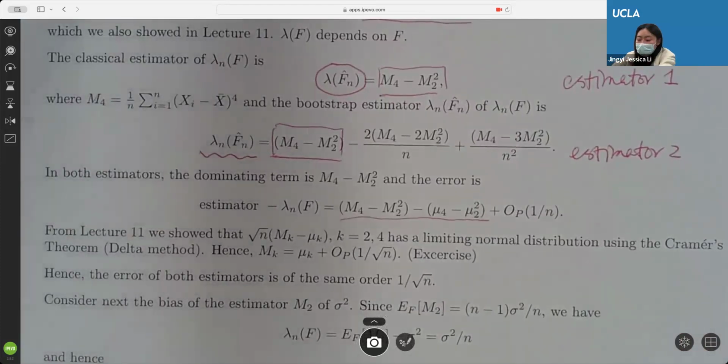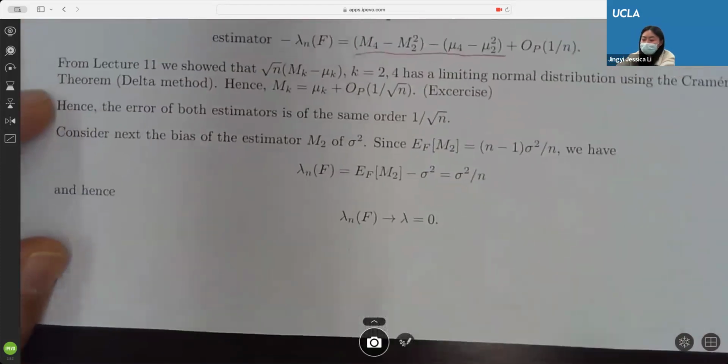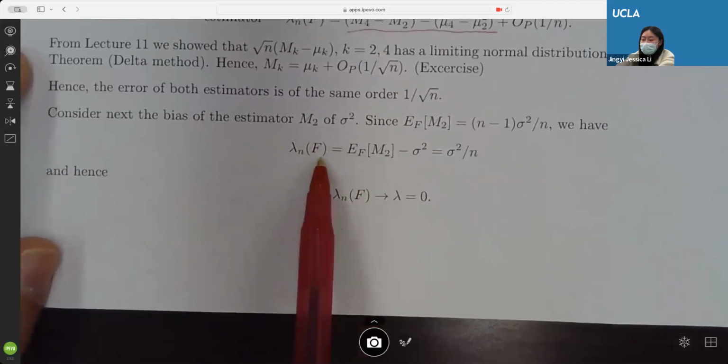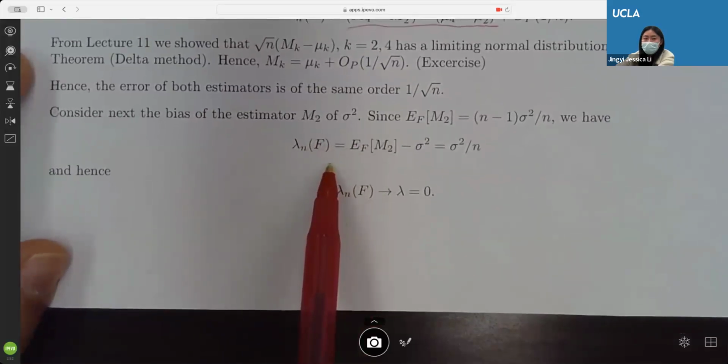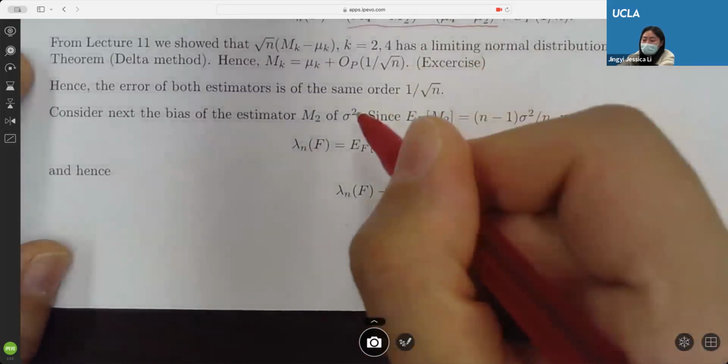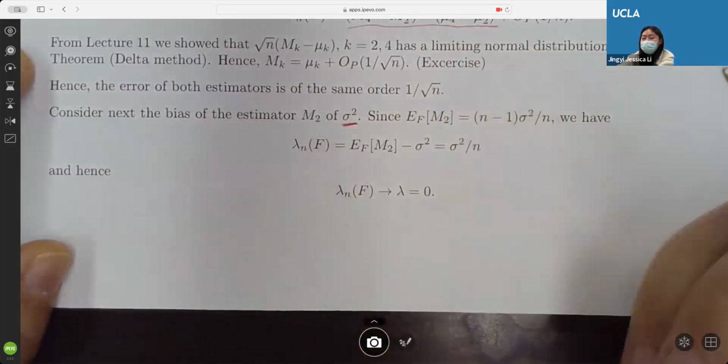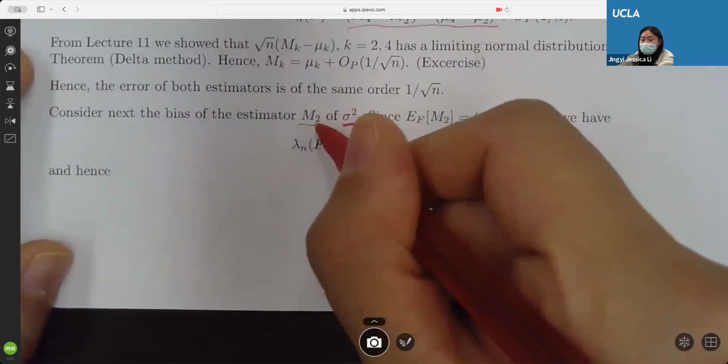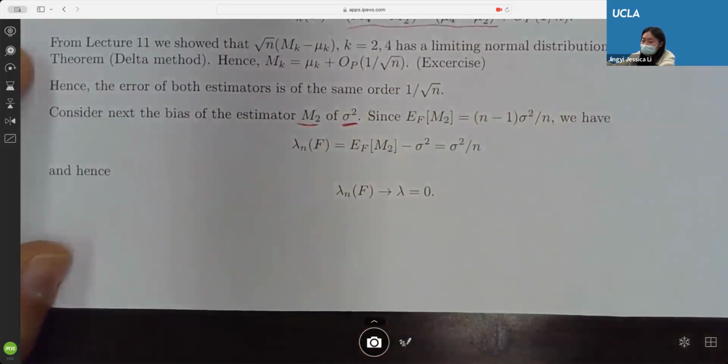Okay, another example. In this example, our performance measure is the bias. Suppose that we are still interested in the parameter sigma squared, the variance, and we're using the sample second moment as the estimator. We know the sample estimator, 1 over n, dividing by n, is biased.